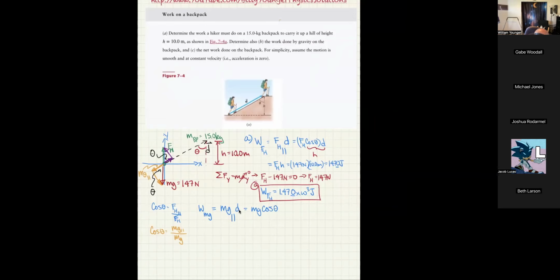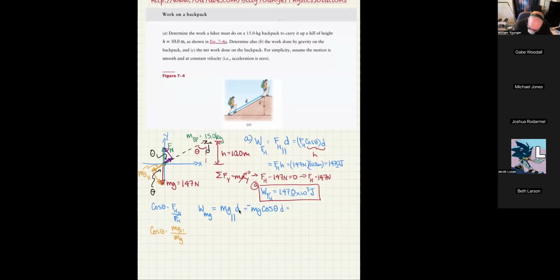But remember that mg parallel is actually anti-parallel, so I have to force that negative. Once we cover the dot product, we'll be able to do this without forcing that negative in there, but right now we have to do it this way. Now I've got to multiply that by D.